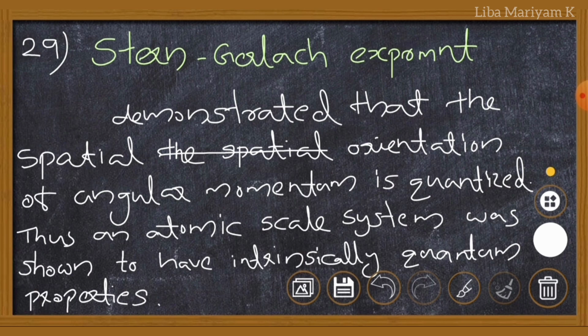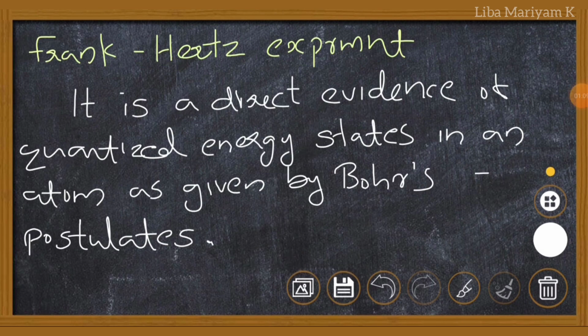And in this experiment, they used a silver oven. Franck-Hertz experiment is a direct evidence of quantized energy states in an atom as given by Bohr's postulate. ബോർ മോഡൽ ഓഫ് ആറ്റത്തിൽ പറയുന്ന ക്വാണ്ടൈസേഷൻ ഓഫ് എനർജി പ്രൂവ് ചെയ്യുന്ന എക്സ്പെരിമെൻ്റ് ആണ് ഫ്രാങ്ക് ഹെഡ്സ് എക്സ്പെരിമെൻറ്റ്. ഇവിടെ യൂസ് ചെയ്യുന്നത് മെർക്കുറി വേപ്പറാണ്.